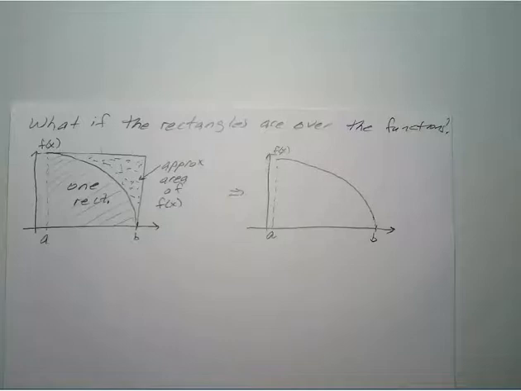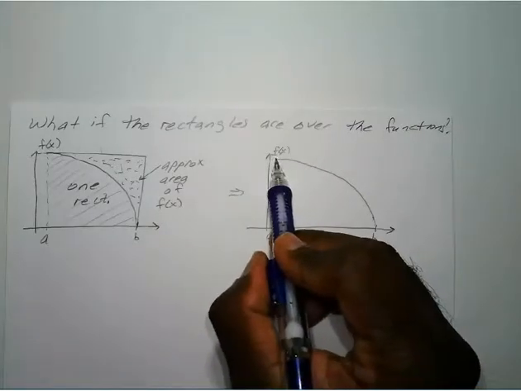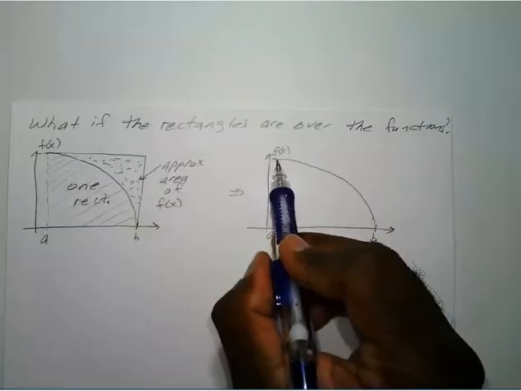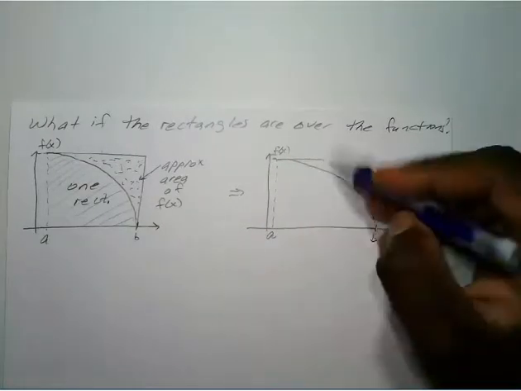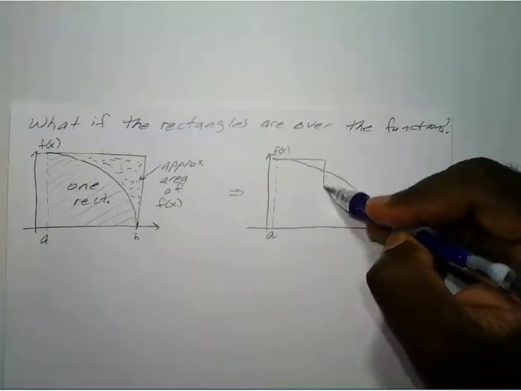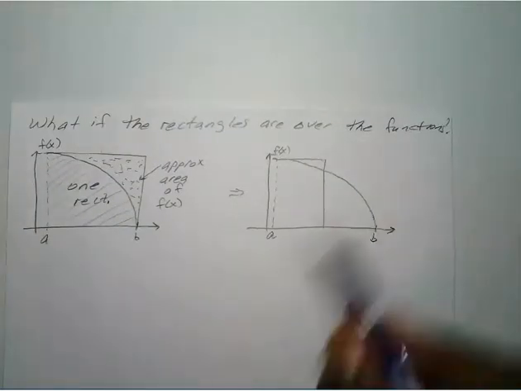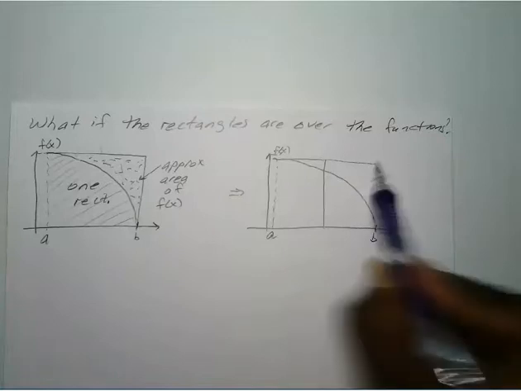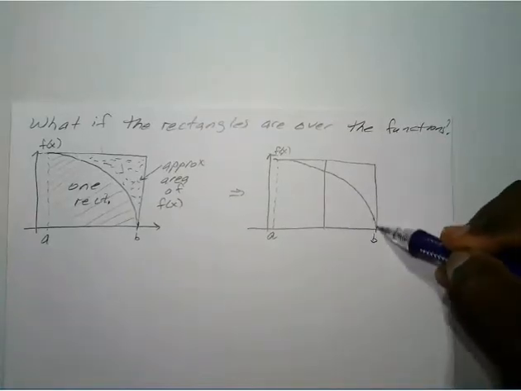Now, if we want to use two rectangles, but we're not going to use inscribed rectangles, let's say if you want to go from here to here, it's one rectangle, and from here to here.